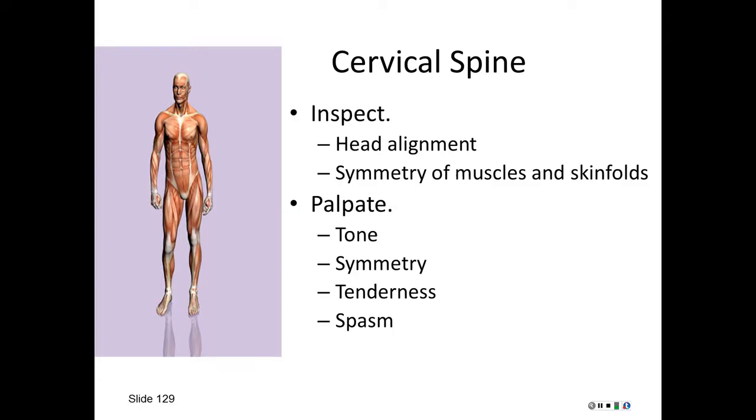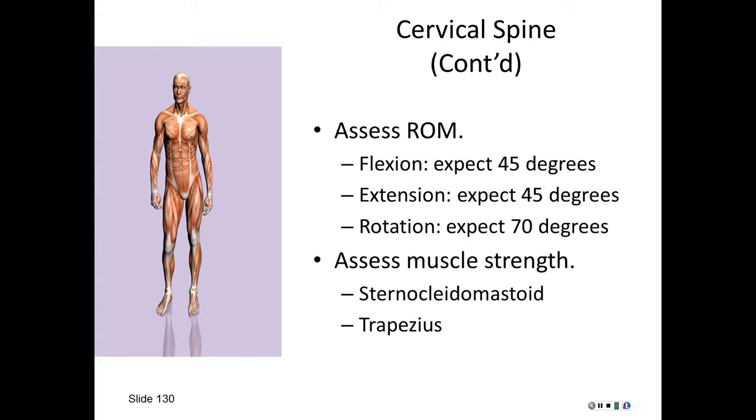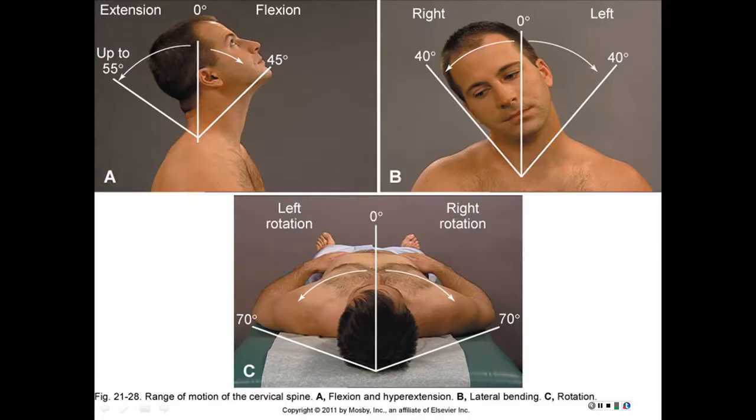Cervical spine, you're going to inspect the head for alignment, symmetry of muscles and skin folds. Palpate the tone, symmetry, tenderness, and spasms. And look at the range of motion, and here's what it is. Assess for muscle strength in the sternocleidomastoid, which is the muscle that connects the neck to the anterior chest, and the trapezius, which is on the back.